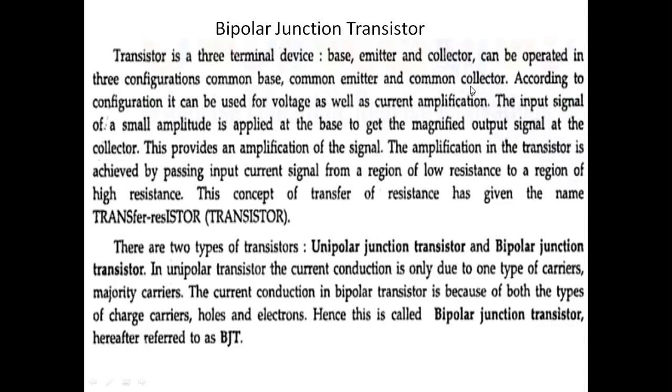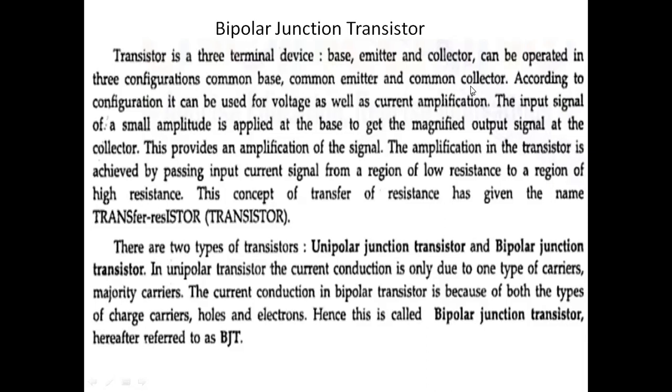The major application of this BJT is to amplify the signal. Very weak signals will be present in the circuit, and those weak signals will be increased. It means the amplitude or the strength of the signal will be increased by using the bipolar junction transistor.